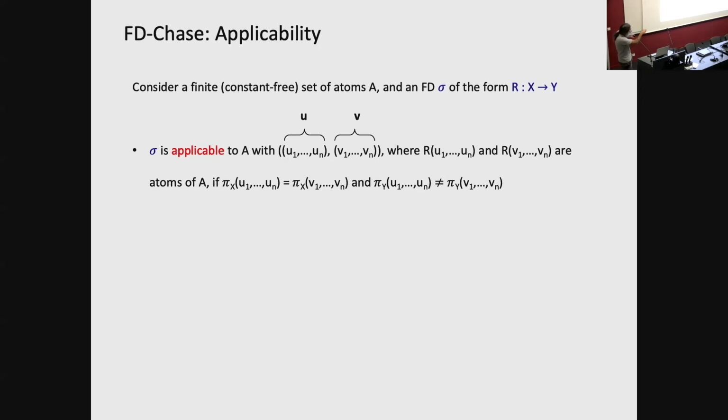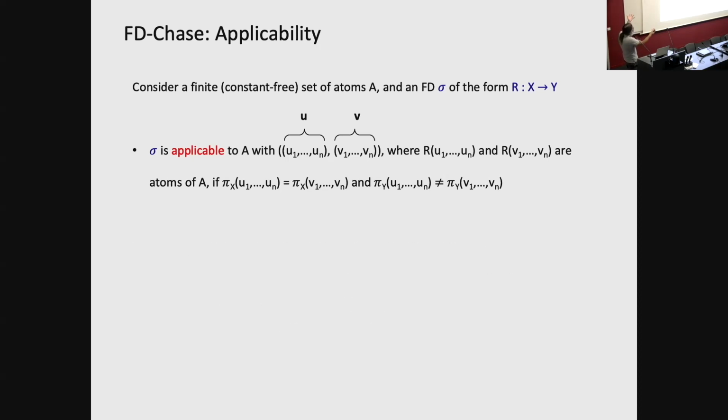Because if I have such two atoms in the database with these two tuples, and this holds, it means that this is a witness of the fact that A violates sigma, right? Do you see what I'm saying? Okay, so here I'm saying that sigma is applicable to A with this witness, which witnesses the fact that A does not satisfy sigma.